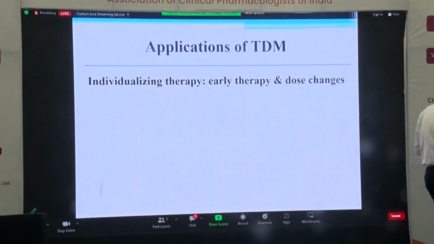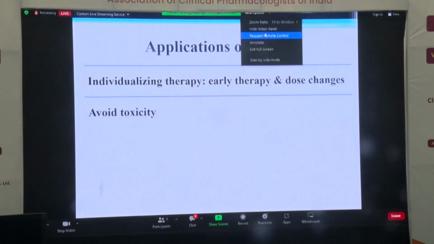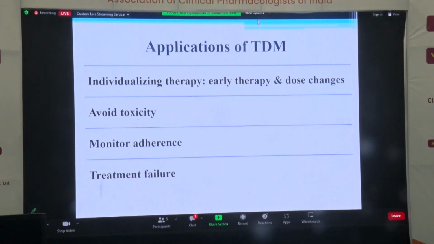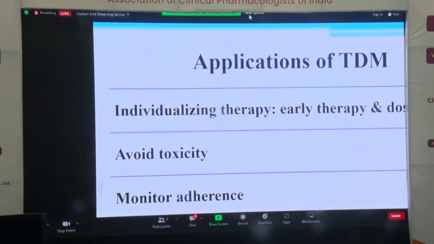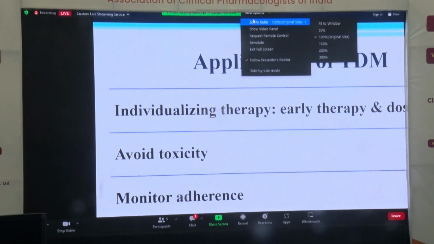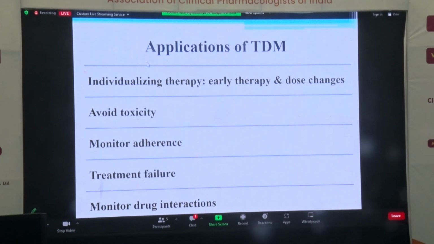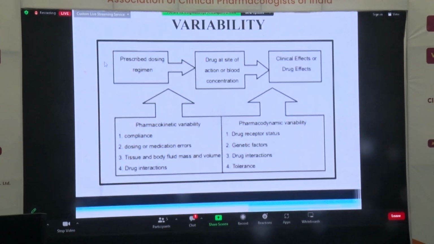If we want to change the dose, again we need to do TDM to see whether the plasma concentration is maintained within the therapeutic range, to avoid toxicity, to monitor adherence, and whenever a seizure occurs, to see whether it is due to treatment failure or because of the disease. Also to monitor drug interactions if the patient is on multiple drugs, especially if they are on ATT or some other drugs which are known to interact with anti-epileptic drugs.